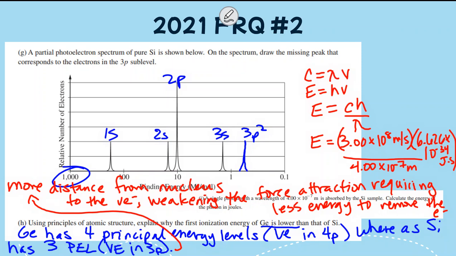Meters cancel with meters, seconds cancel with seconds, and we are left with joules, which is what we want. We can calculate that very quickly.